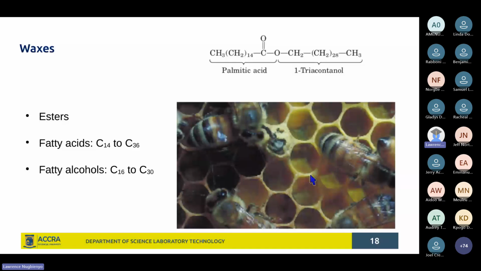Similarly, waxes are used even in the furniture industry, where they are used to polish furniture. Usually when they are in the showrooms, they polish them with these waxes. Even your shoe polishes contain some wax in them. All right.